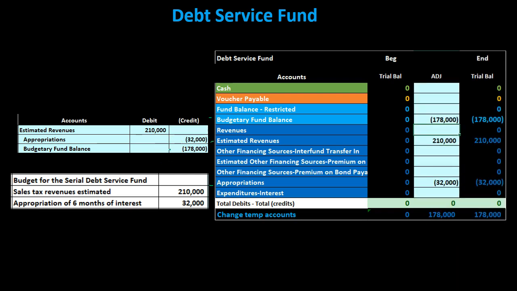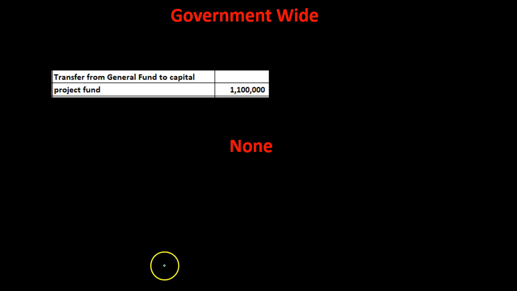If we record this out, then we first have the estimated revenues. So the estimated revenues are going to be up top in estimated revenues, increasing that in the debit direction. Then we have the appropriations. Appropriations are going to be down here. We're going to increase them in the credit direction. And finally, the fund balance up here in the light blue area in the fund balance section, increasing in the credit direction. That, of course, putting us back in balance.